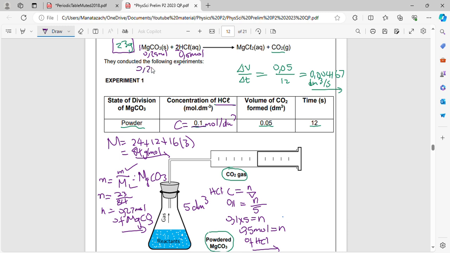By 0.27 minus what I need, which is 0.25. That means magnesium carbonate is in excess by 0.024 mole. So since magnesium carbonate is in excess, the answer is that hydrochloric acid is the limiting reagent.